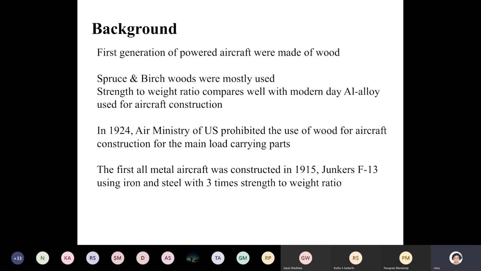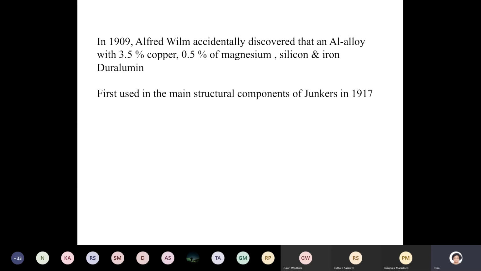So as I said, in 1915 the Junkers F-13 was made out of iron and steel. Though aluminium is the third largest available metal on Earth, the use of aluminium was restricted for quite some time because of constraints in manufacturing and processing it.